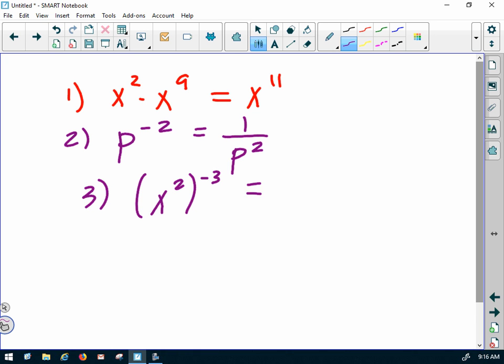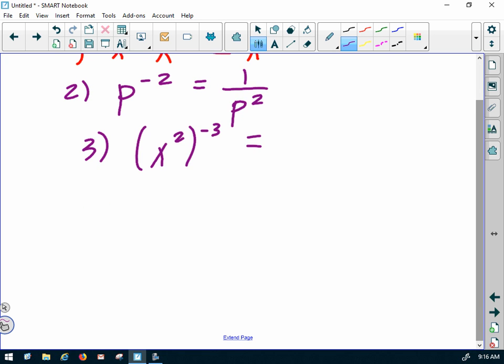Now this is combining 2 of the rules you learned on the front page. When you raise a power to a power, you multiply. X to the negative 6. 1 over x to the 6th.